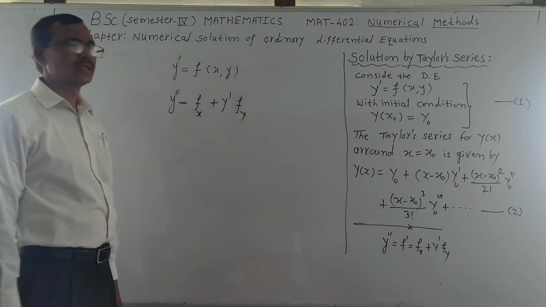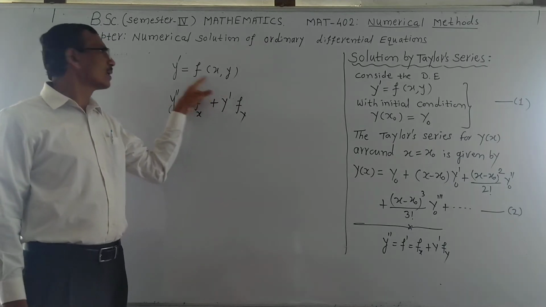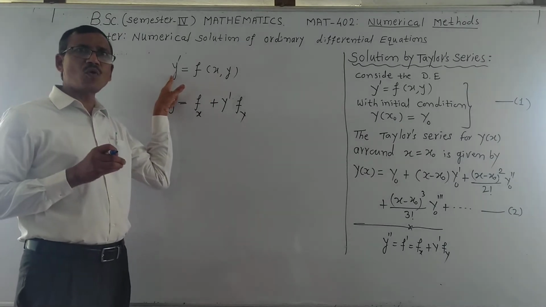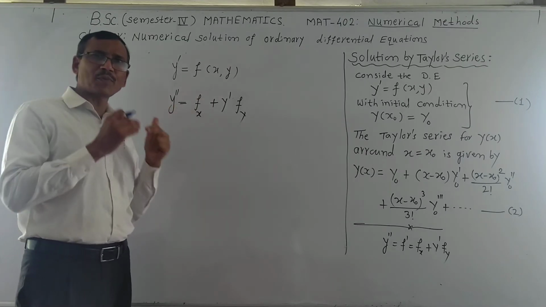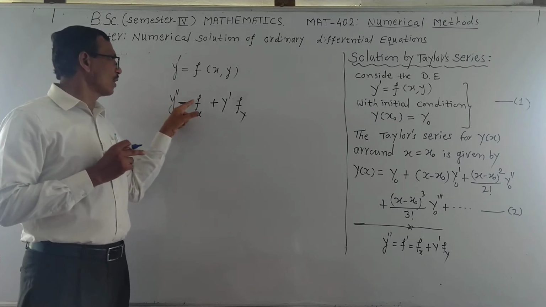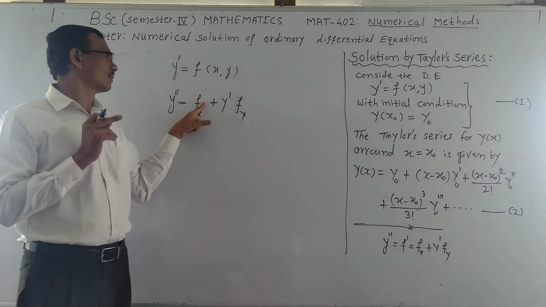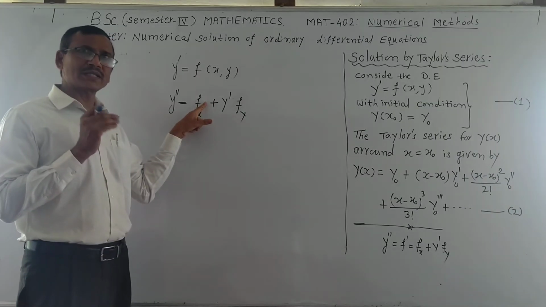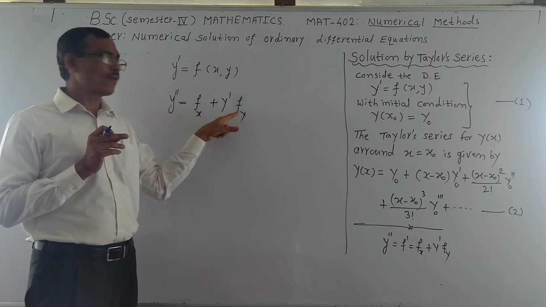Here y dash is equal to f of x, y; differentiate with respect to x and apply the formula of total derivative. Therefore, y double dash is equal to f of x plus, again, the derivative of x with respect to x, that is 1, plus y dash f of y.